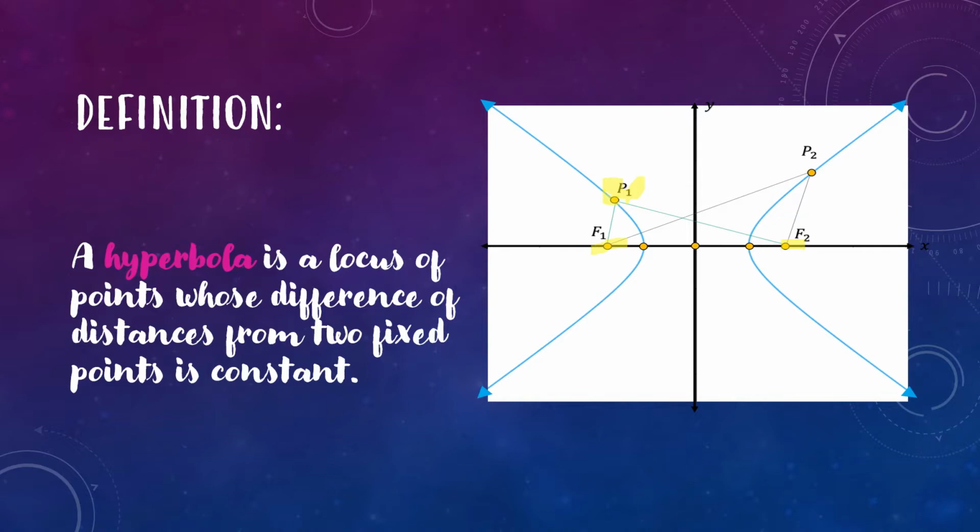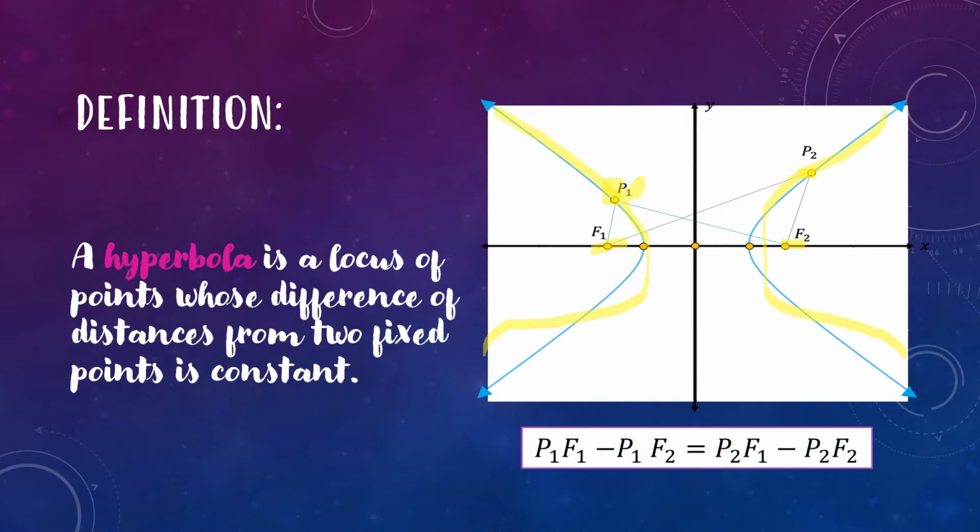Constant na 2A. Okay. So again, any point diri sa ato ang hyperbola, for example, si P sub 2, another point, ang distance ni P sub 2 from F sub 2, i-subtract na to sa distance from P sub 2 to F sub 1, constant lang gihapon. Or, let's say 2A. So any point from the curve, ang difference sa ilang distance from two fixed points is a constant.